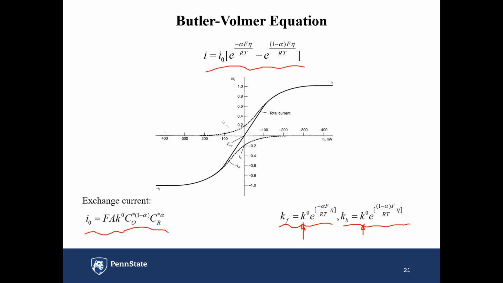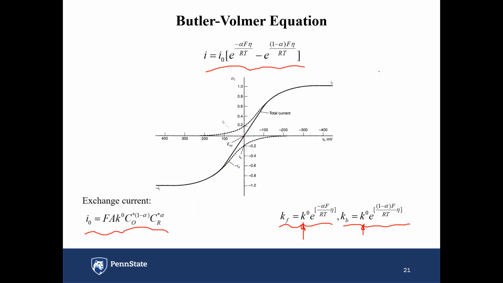The dotted lines give us only the cathodic current and only the anodic current. If we sum up the two dotted lines, we get the real current. So when we consider the concentration effect, we have a combination between the electron transfer and the concentration transfer.